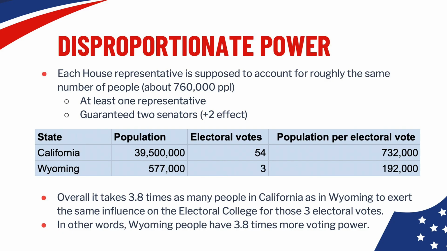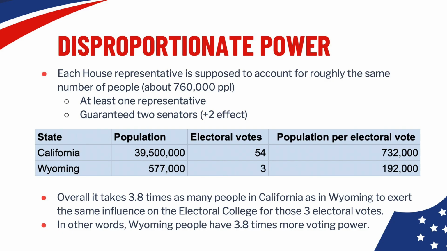There are some issues with this, however, one of them being it gives a disproportionate amount of power. So the House of Representatives is supposed to represent roughly around 760,000 people, and that is what the electoral votes are based off of. But if you look at an example between Wyoming and California, and you break it down for the population per electoral vote, what happens if states have populations that are less than the 760,000?